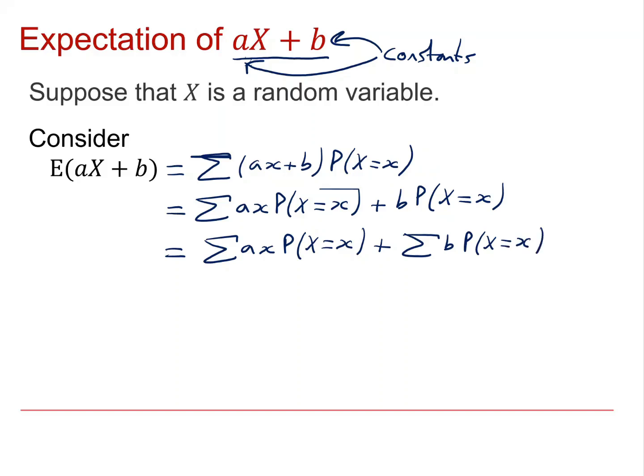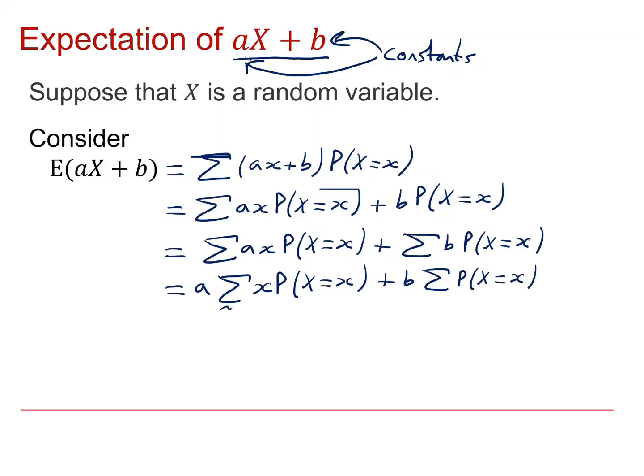Now, as I said, a and b are constants, so they are independent of the values of x. So I can take them outside my summations to get a times the sum of x times the probability that X equals x plus b times the sum of the probability that X equals x.